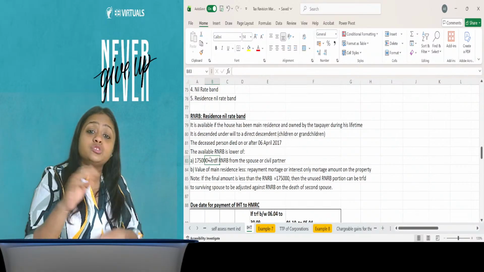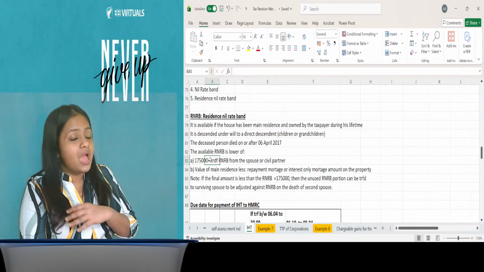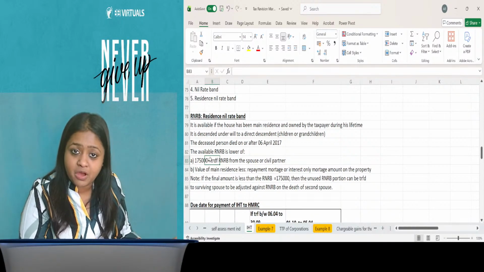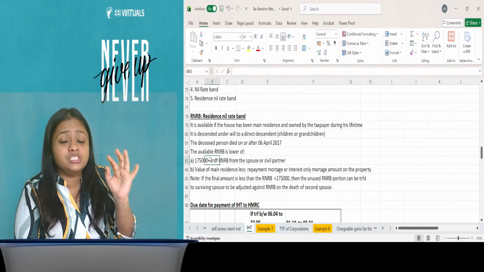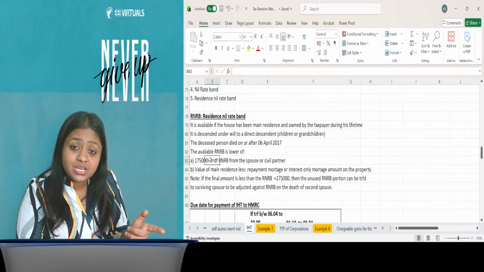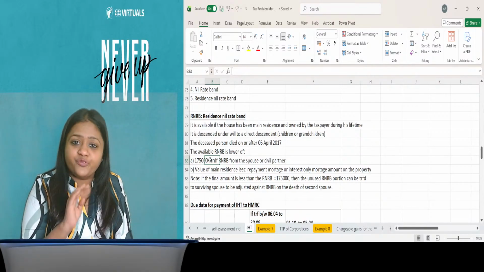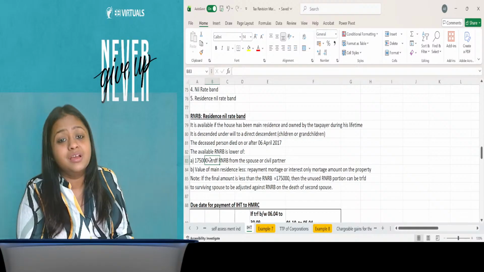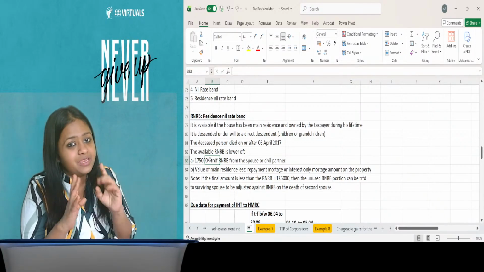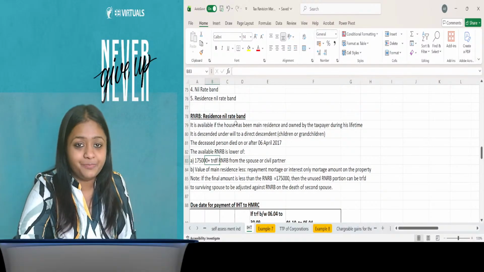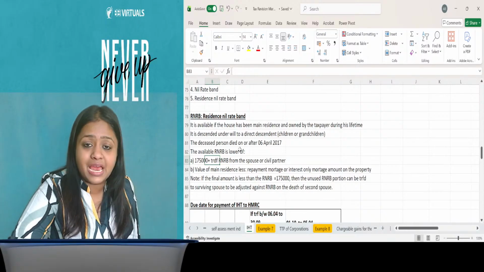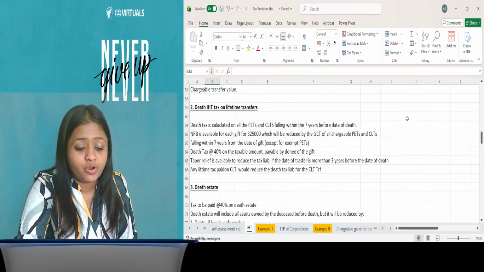Also, if there was no main residence in the estate and so no RNRB was claimed by the first spouse, then when the second spouse is transferring the main residence to a lineal descendant, an additional 175,000, which is like free of cost, is available to the second spouse. So double RNRB, double NRB can be made available. Absolutely. Clear? Done. So we are done with the basic understanding and the complete detail of your IHT.